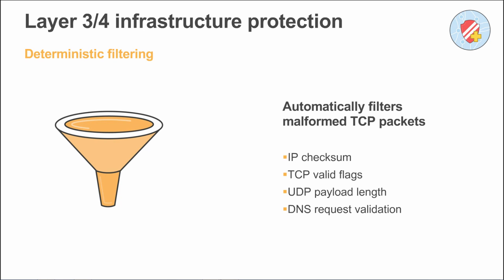We look for valid TCP flags, IP checksum, UDP payload length, etc. For example, CloudFront is a TCP or HTTP based service, so CloudFront shouldn't receive any UDP traffic at all. So it's naturally easy for us to filter out any UDP traffic. We just drop those packets right before they reach AWS services like CloudFront or even ELB.